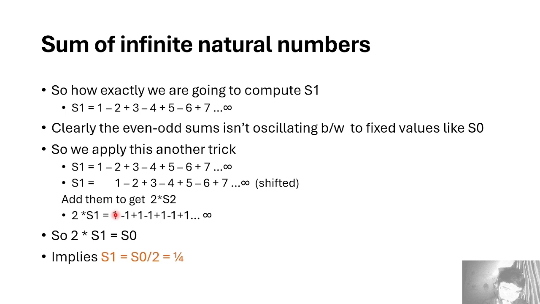So you will alternate between 1 and minus 1, and you get a series which is equal to S0, because we have dealt with it. Since we know the infinite sum of this series is 1 by 2, we can compute S1 as well, because 2 times S1 is equal to S0, so S1 is equal to 1 by 4.